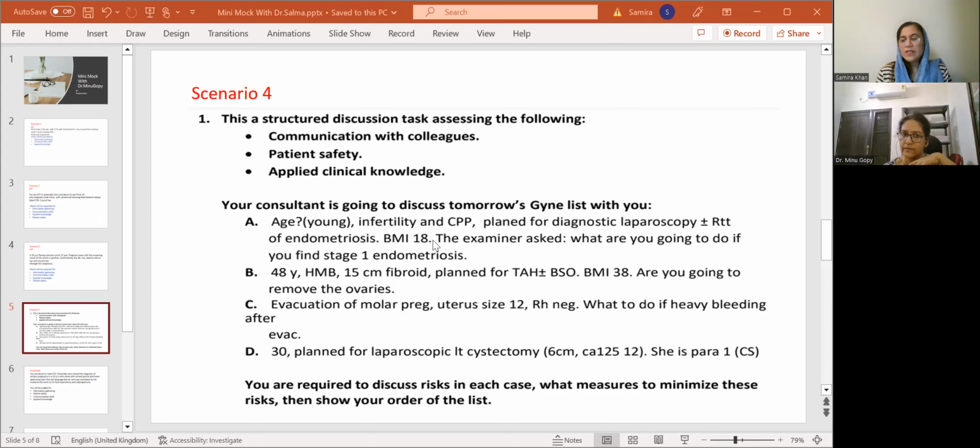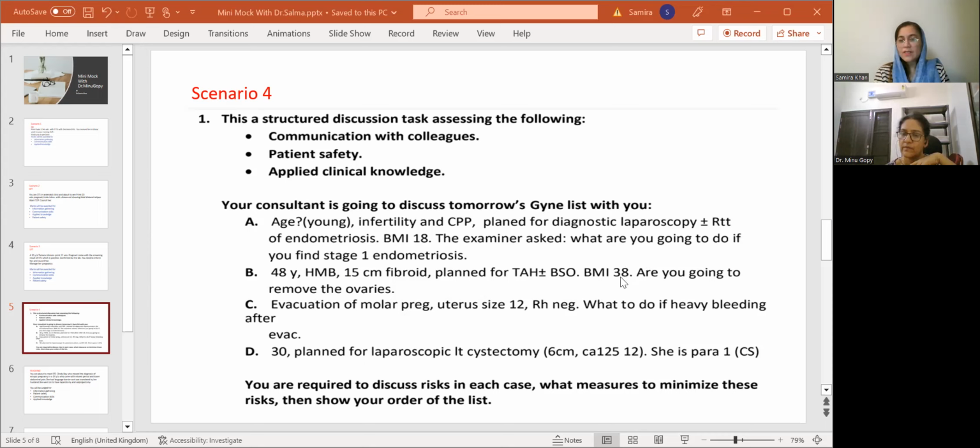If she has no family history and no ovarian pathology, then we might not do it. So once the patient comes, you will talk to the patient again, depending upon the consent. You will check the consent of the patient, and if it is written like this in the consent, then when she comes, you will again talk to the patient.